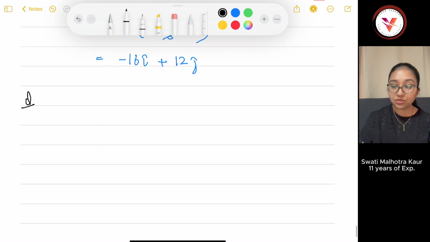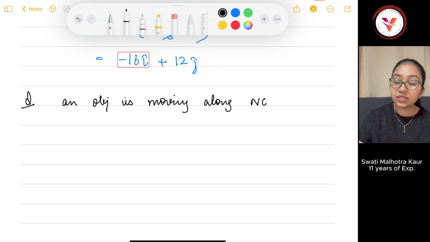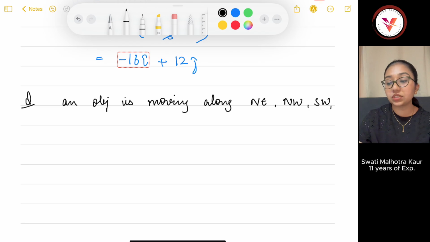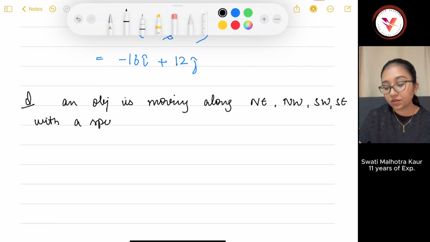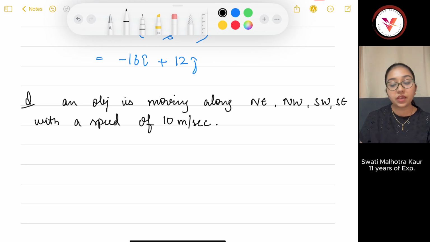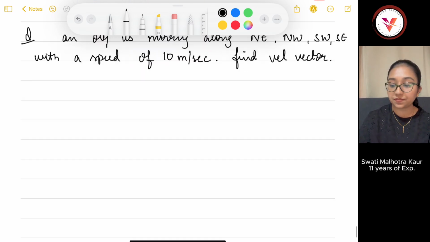So the last question is, suppose there is an object moving along the northeast, northwest, southwest, and southeast directions with a speed of 10 meter per second. And you have to find the velocity vector.